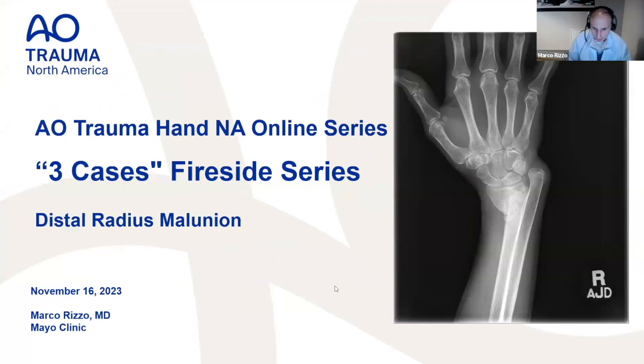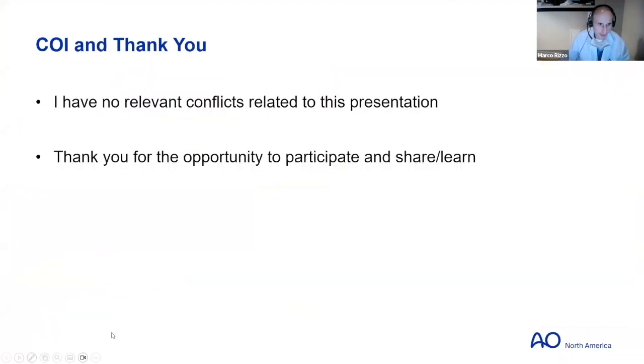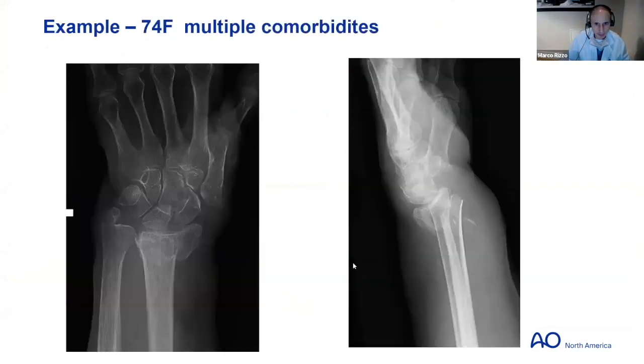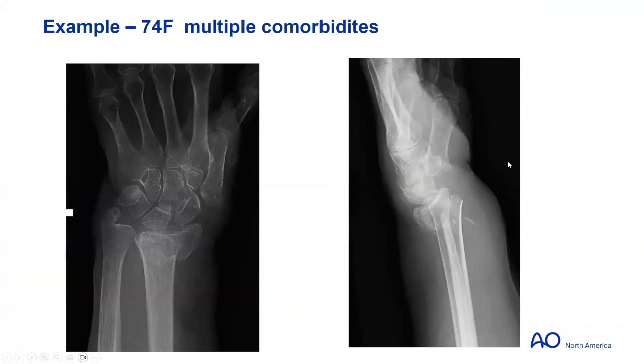So, the third case in the series is usually directed towards complications. And thankfully, I have plenty of them to share with you. This is a 74-year-old female who had multiple comorbidities: diabetes, former smoker, probably still smoking, pulmonary disease, cardiac disease, and obesity.